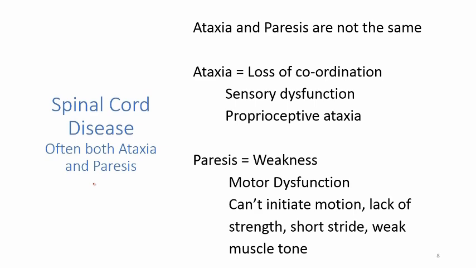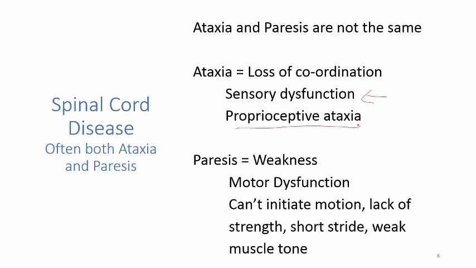So we'll go over many of these terms so that we're all on the same page and we understand them. So ataxia and paresis are not the same. Ataxia is really loss of coordination, and this is going to occur when we have sensory dysfunction, and proprioceptive ataxia is probably one of the more common ones that we see.